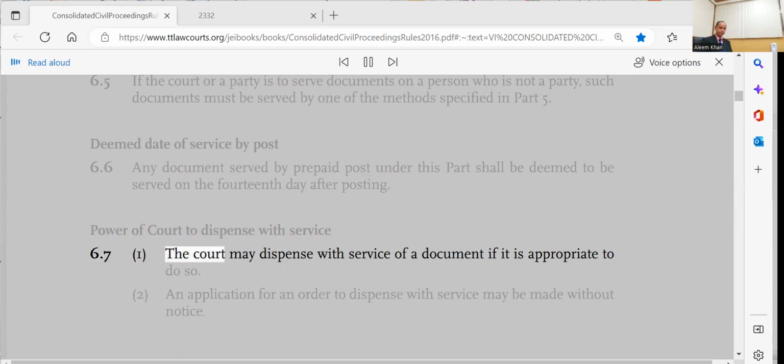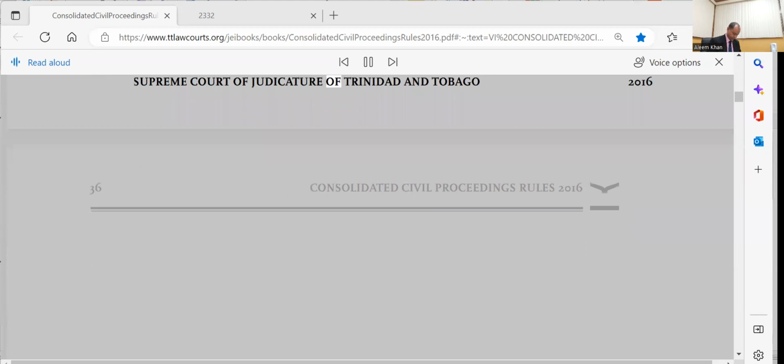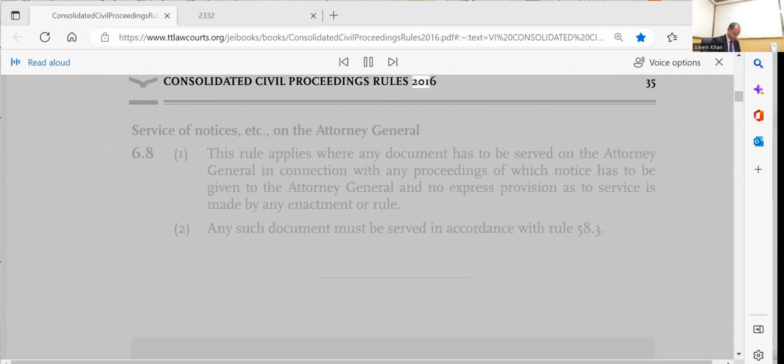Power of court to dispense with service. 6.7 (1) The court may dispense with service of a document if it is appropriate to do so. (2) An application for an order to dispense with service may be made without notice. Supreme Court of Judicature of Trinidad and Tobago, 2016. Consolidated Civil Proceedings Rules 2016-35.